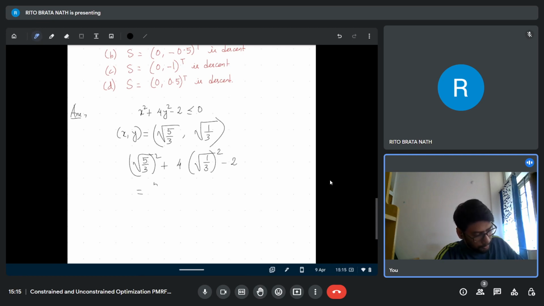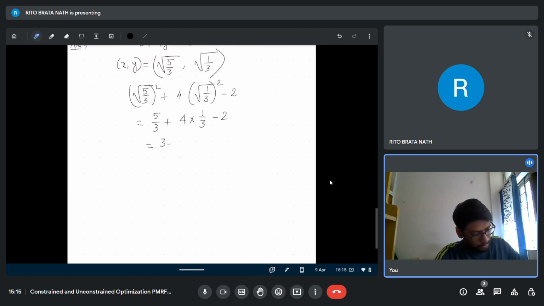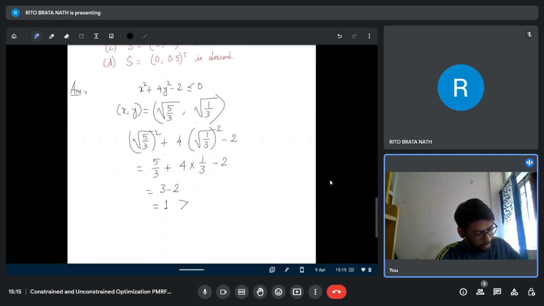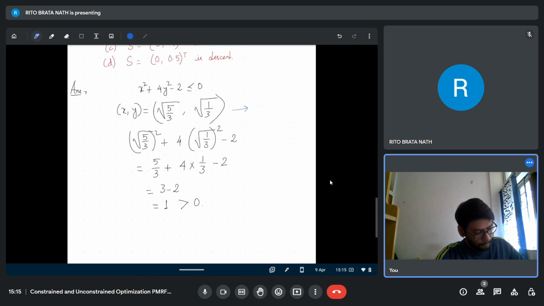So this is 5 by 3 plus 4 times 1 by 3 minus 2. So that's 3 minus 2, which is 1, but this is greater than 0. So that means this is not a feasible point. So there is an issue: it is not a point in the feasible region.